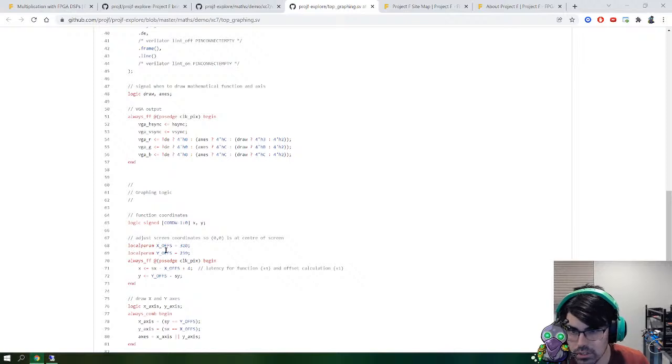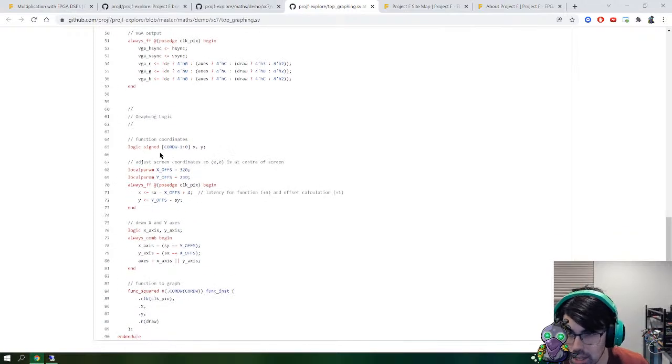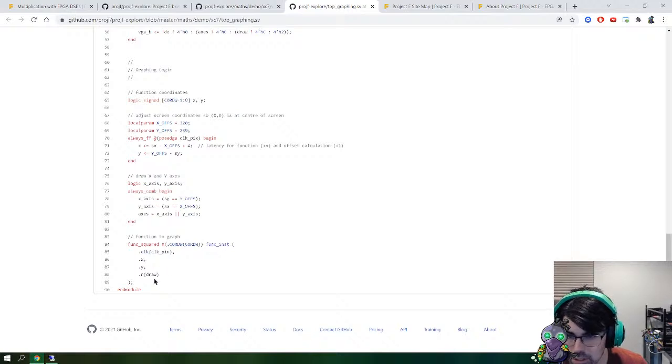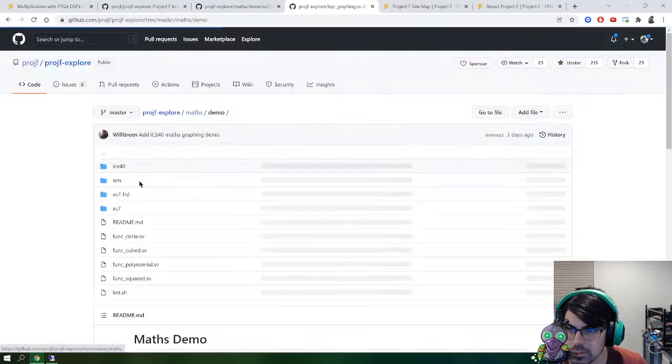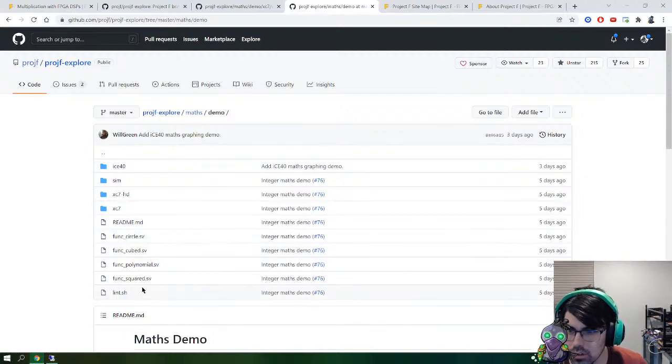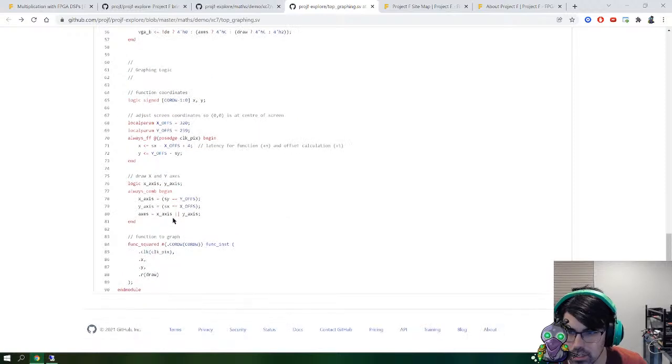Okay, so these are clocks and display, functional coordinates, the function to graph. So it looks like it has a graph there. Where is this? Is it some source code for these things? Oh, function. Okay, what function are we dealing with here?